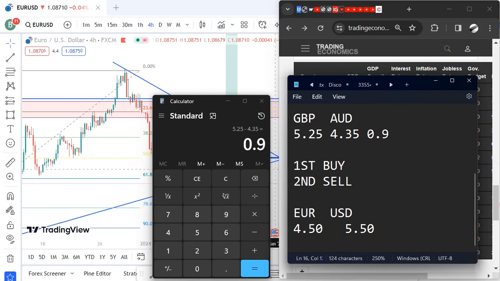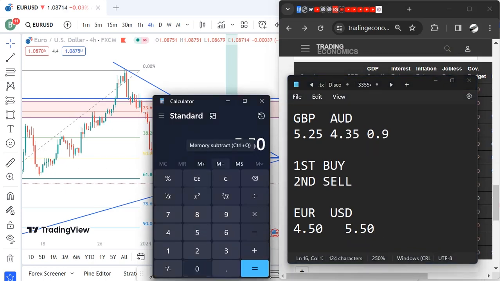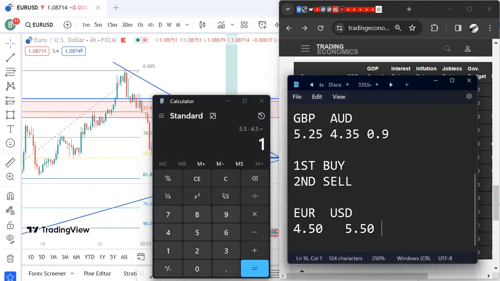So we say 5.50 subtract 4.50, and we have 1. So what it means is that this pair is going to trend more than this pair. That is just the meaning.